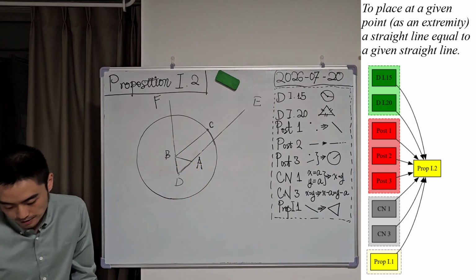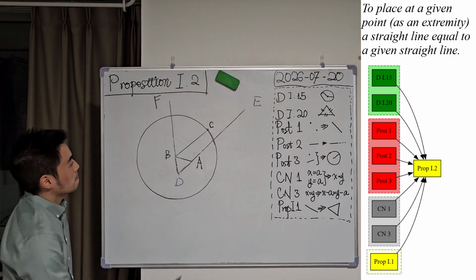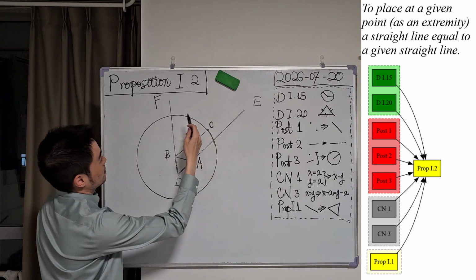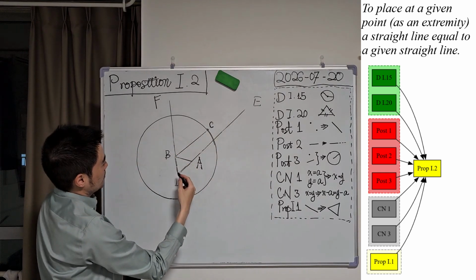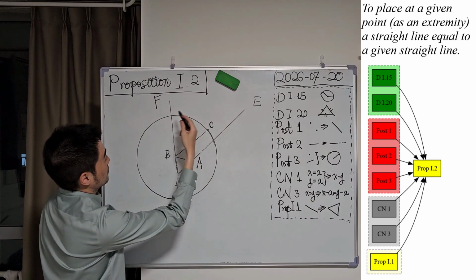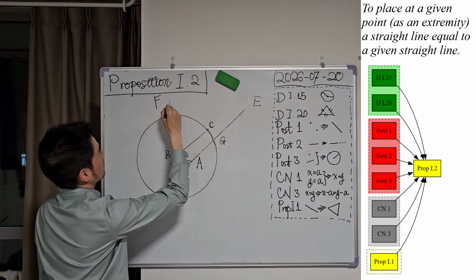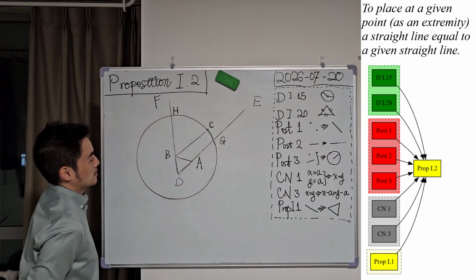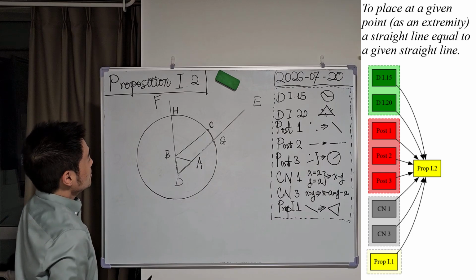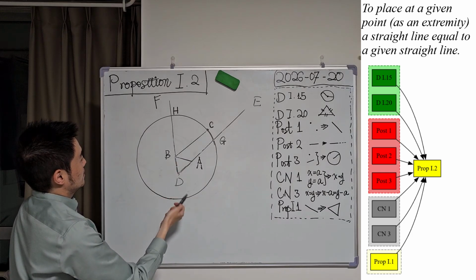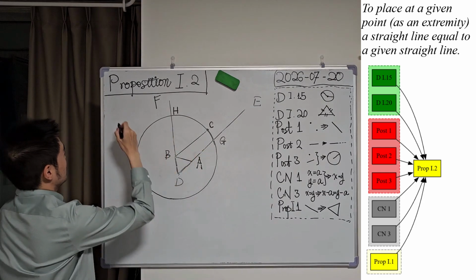Great. So let's assume it intersects with DE and DF at G and H respectively. Okay, so now we have circle GH.